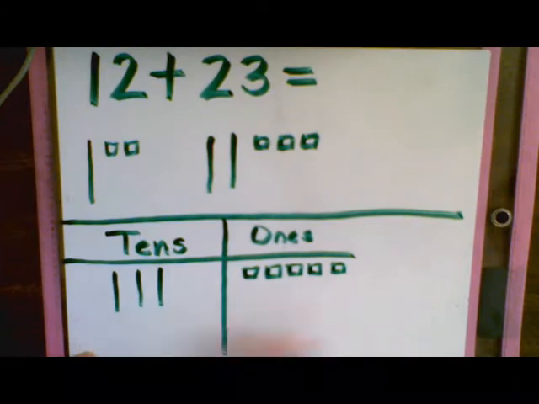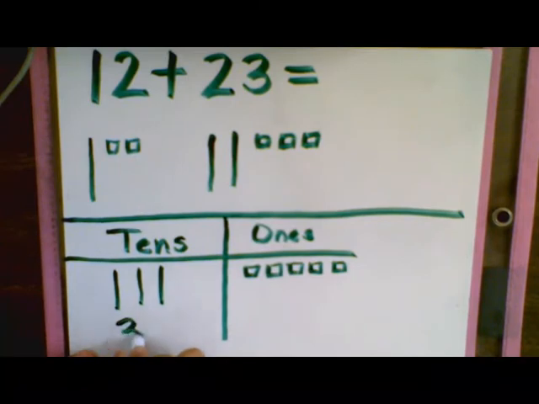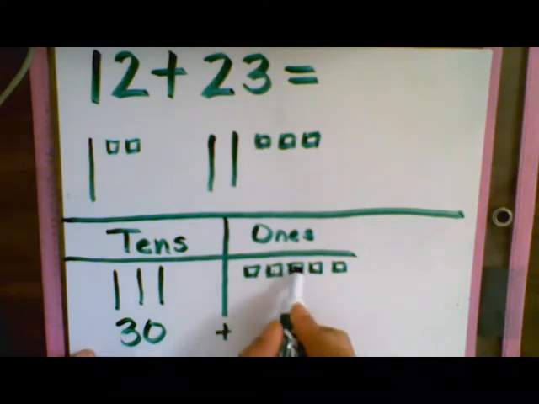Now if I combine these numbers by looking at place value, first I'm going to look at the value of these numbers. So 3 tens equals 30. We can do that by either counting 1 ten, 2 tens, 3 tens, or count by tens: 10, 20, 30. And our ones, we have 1, 2, 3, 4, 5.